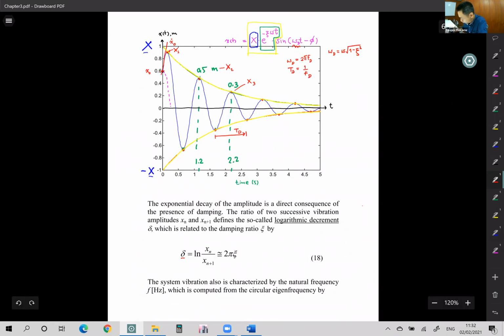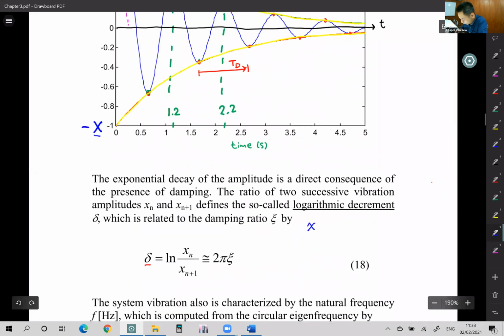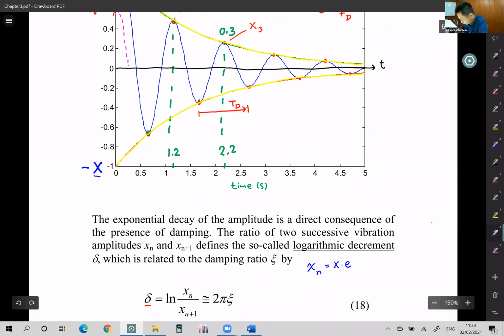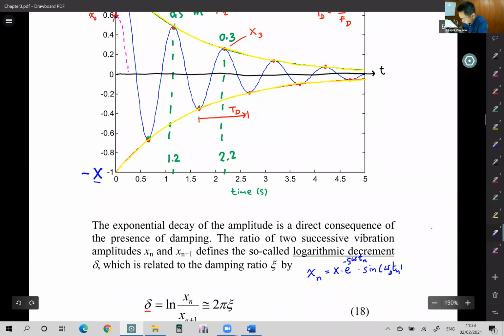To prove this one, you can write that xn could be equal to X e to the power of minus psi omega tn, and psi of omega d tn plus or minus a phase, something like this, right?